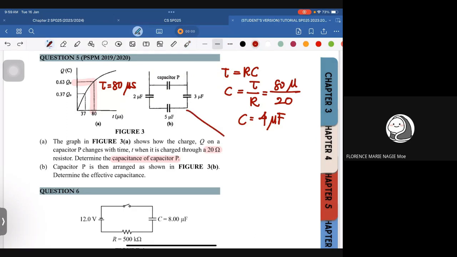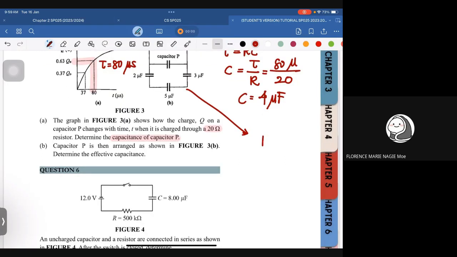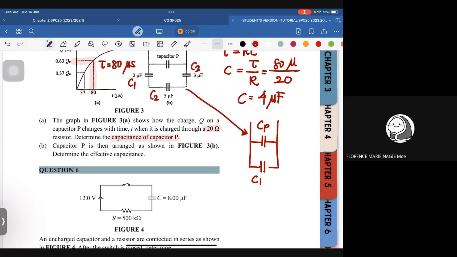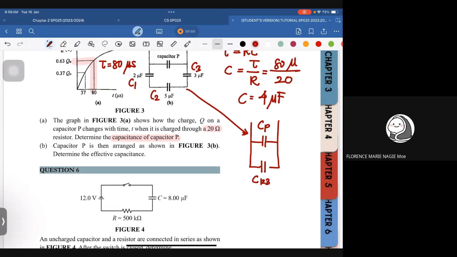So, kalau kita rearrange ni, okay lah, saya rearrange lah. So, dia akan jadi 1, 2. So, dia jadi macam ni lah. Okay, so ini capacitor P, ini 1, ini 2, ini 3. Ini capacitor 1, 2, 3.